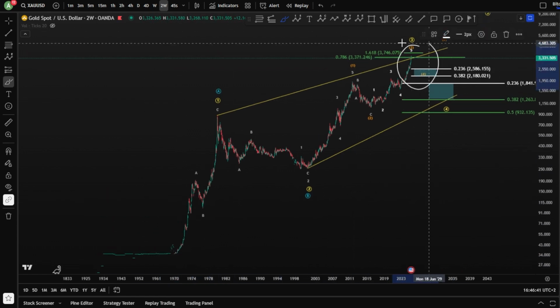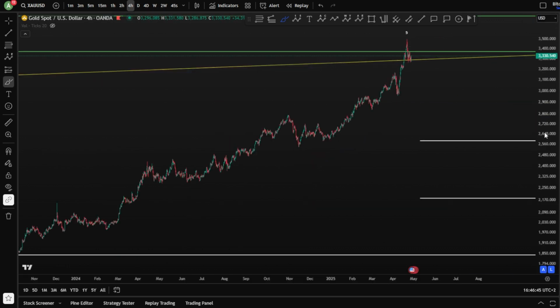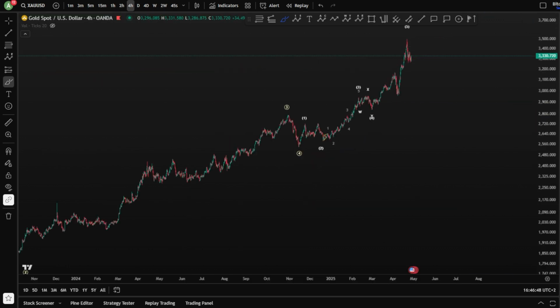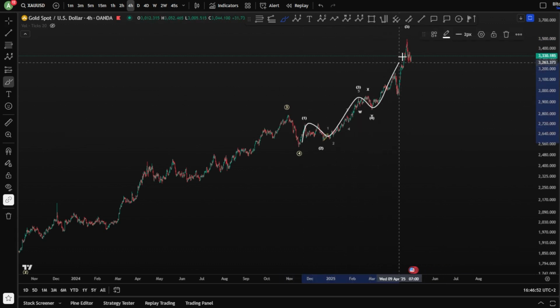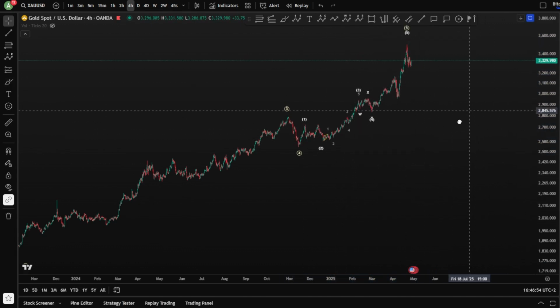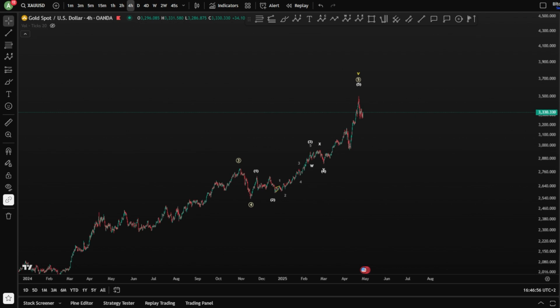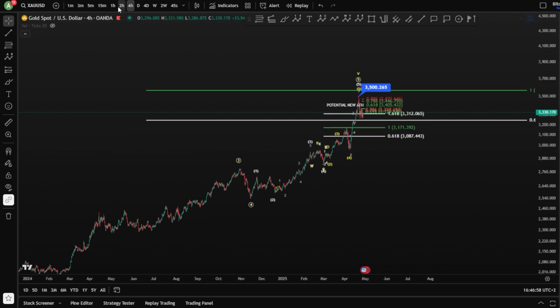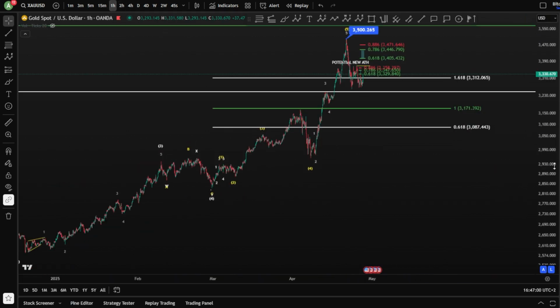So if we move inside it and take a look at what's going on the 4-hour chart first. On the 4-hour chart, we have this wave 5 unfolding. We have a 1, 2, 3, 4, and a 5. Now, this wave 5 also internally has potentially finished, where we saw a 1, 2, let me just make this less, 1, 2, and then 3, 4, and a 5 in the yellow scenario.